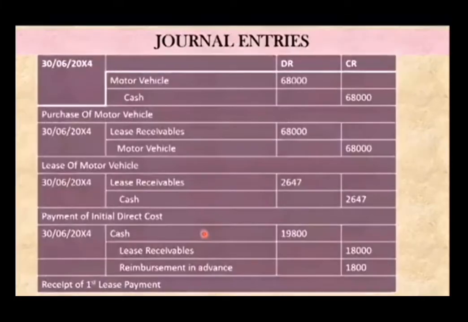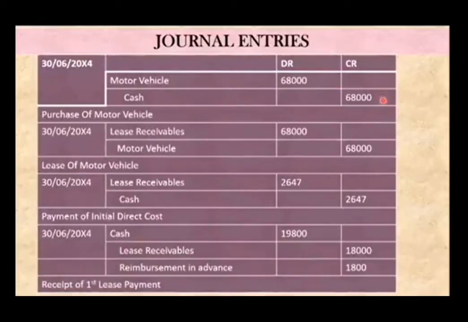Okay, and let's move into the question, which is to do the journal entries. On 30th of June X4, these are the basic things that we have to do in journal entries, because this is like the start. So buying a motor vehicle, buying it in cash. Why cash?